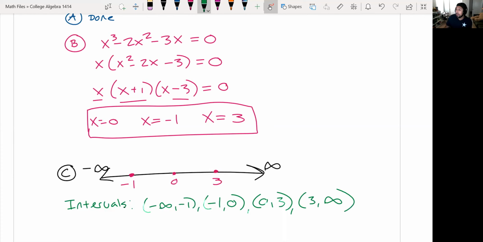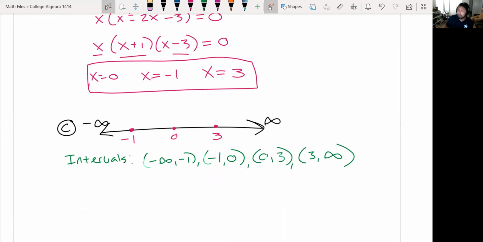Now after that, we are going to pick test numbers. Whatever the outcome is will tell us where we are above the x-axis and below the x-axis. From negative infinity to -1, I'm going to pick -2. From -1 to 0, I'm going to pick -0.5.